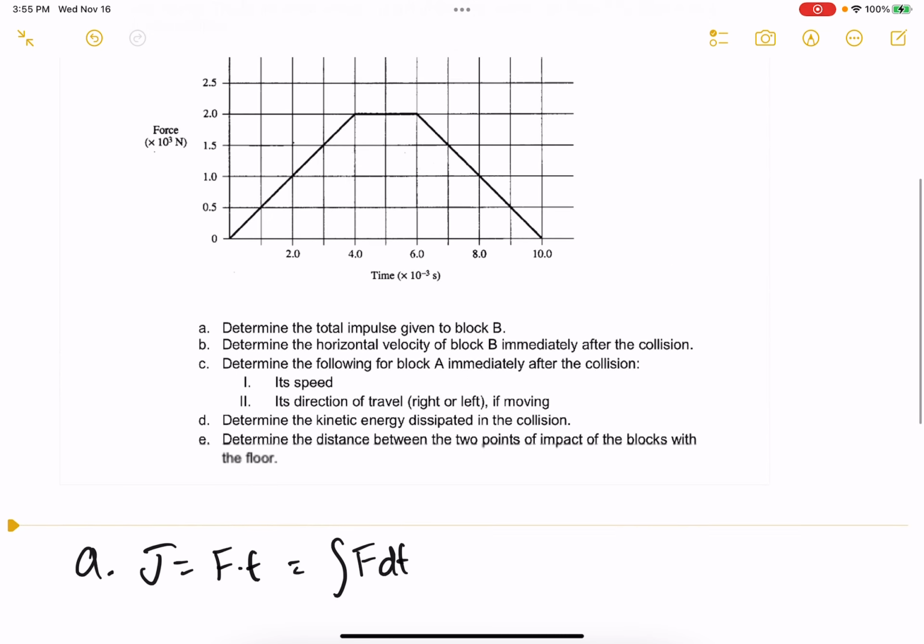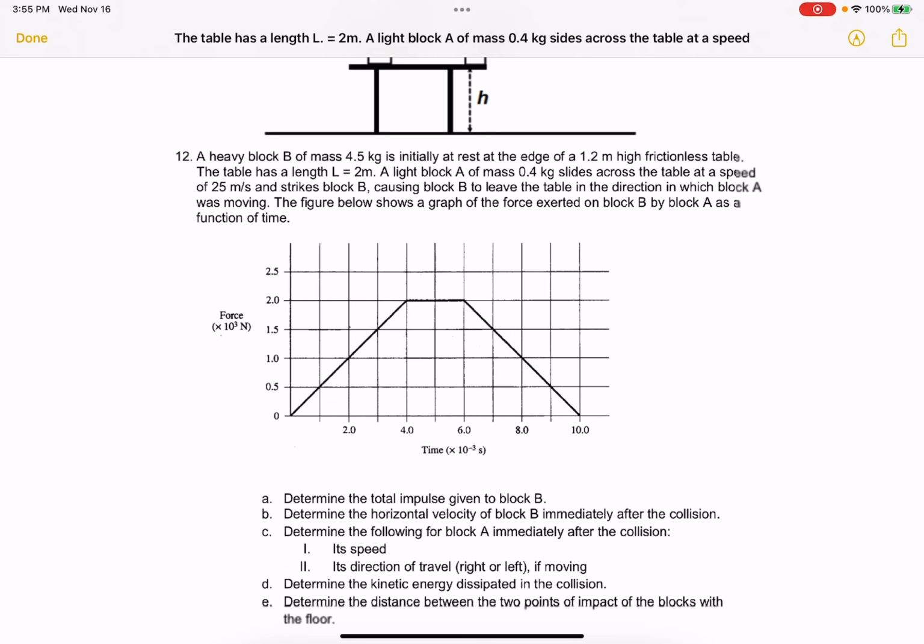So basically we're trying to add up the entire area under the curve. We can look first at this triangle here. It has a base of 4 and a height of 2, so we'd have 2 times 4 times a half, because it's a triangle, and that would just be 2 times 2, so this would be a 4, okay? And you'll notice that this triangle over here is actually the same area, so that's also a 4.